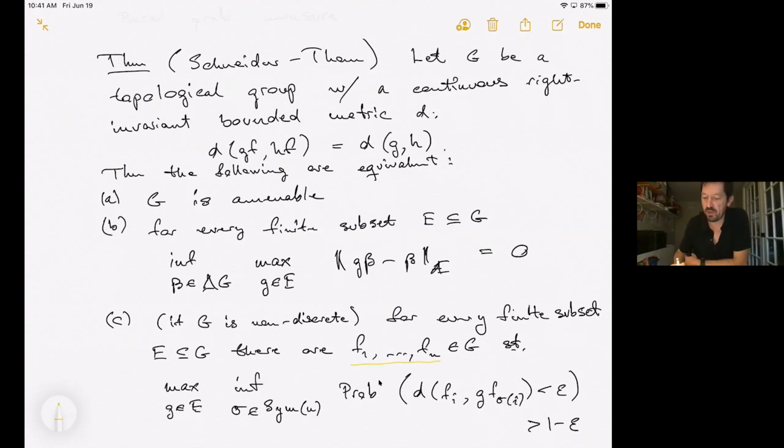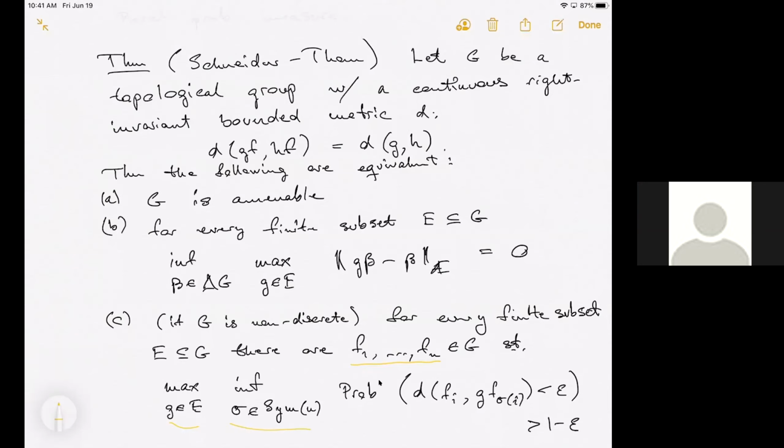Then you can reformulate things a bit and just say that for every g, you can find some permutation sigma of the numbers from 1 to n, so that f_i is close to g f_sigma(i) with a great probability when you use the uniform probability on n.